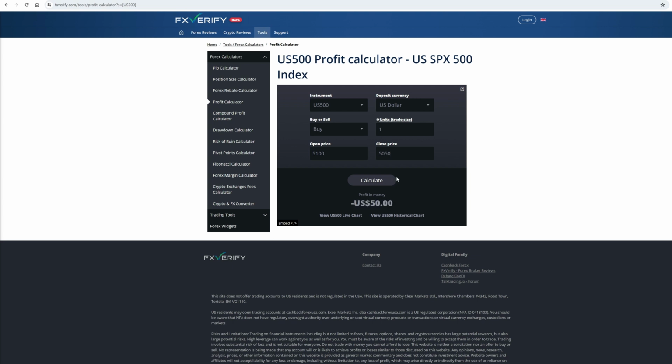Now, if I'm going to trade one lot in the cash index of US 500, and I have a $50 stop loss from my buying position, it means I'm risking $50. Okay. Because for cash indices the tick value is 0.01, that's why with one lot it's actually $50 when we have a $50 drop or rise.